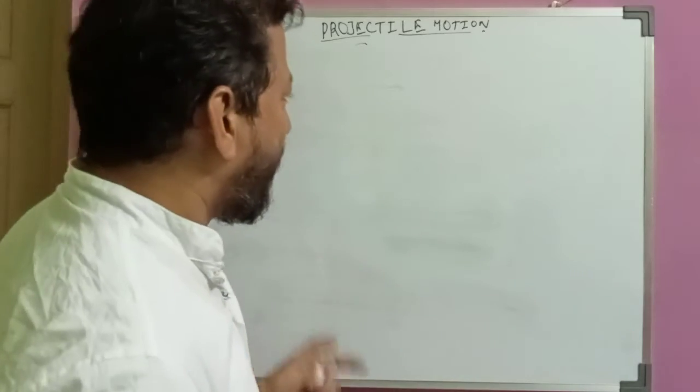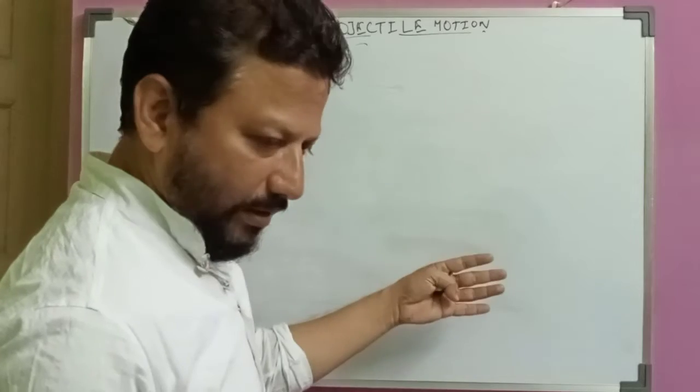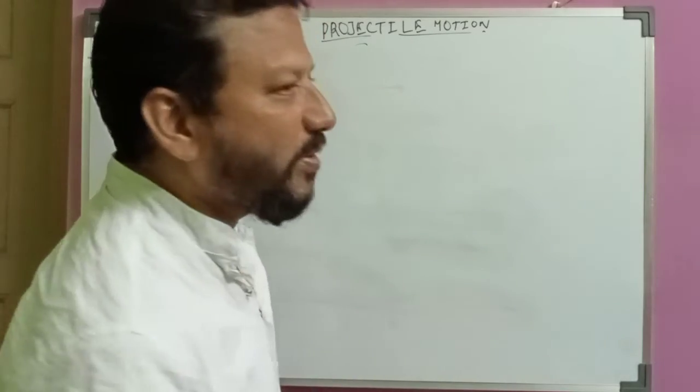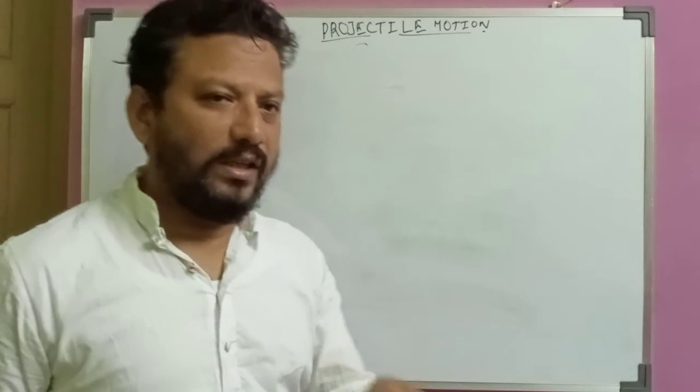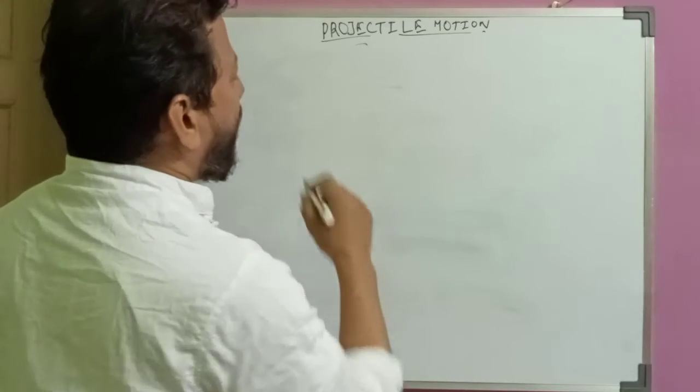So these are the two combinations from this concept, from sine and cos. The trajectory will be what we have learned in trigonometry: sine by cos. We have learned sine theta by cos theta.